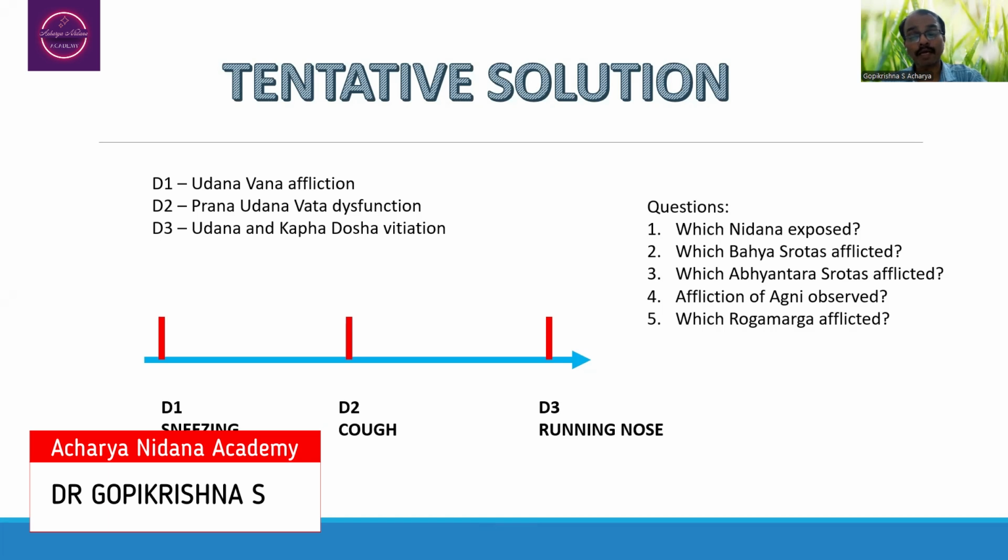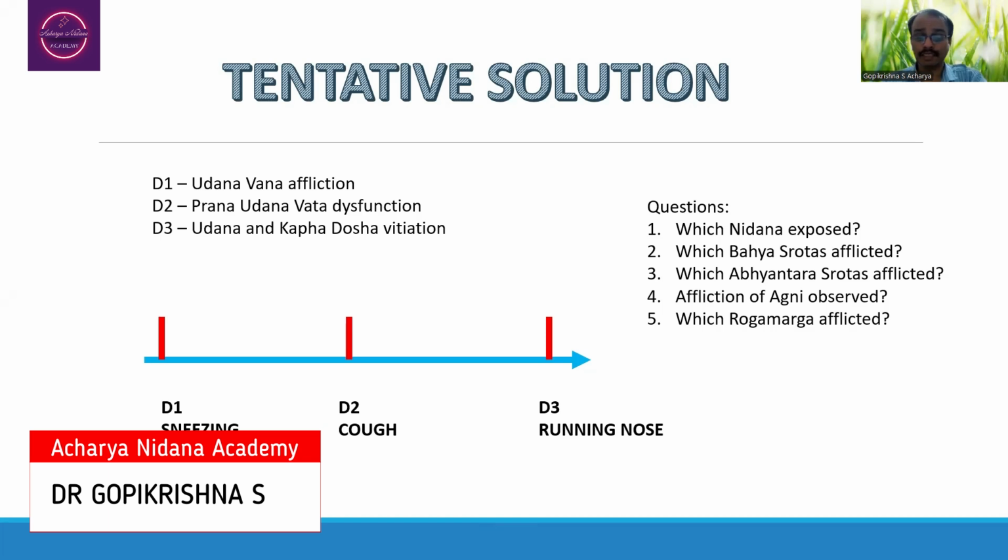As far as Roga Marga affliction is concerned, we may say that there may be a possibility of Abhyantara Srotas affliction, provided there is any Agni dysfunction being noted. Otherwise, we may say that there may be a possibility of Bahya Roga Marga affliction.